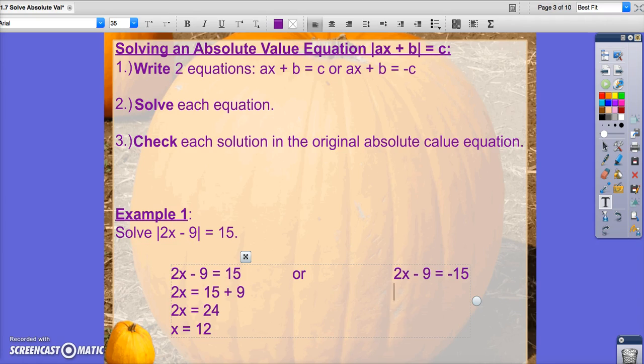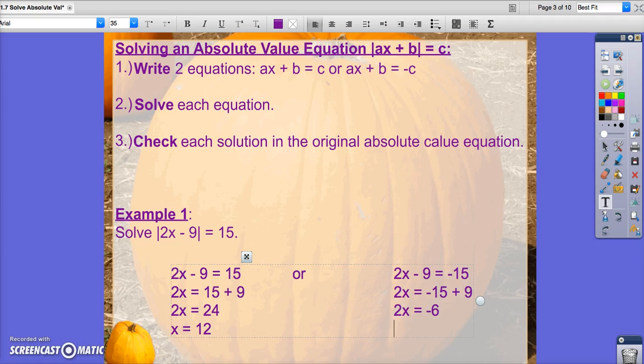Let's do the next one. 2x equals negative 15 plus 9. I get 2x equals negative 6.